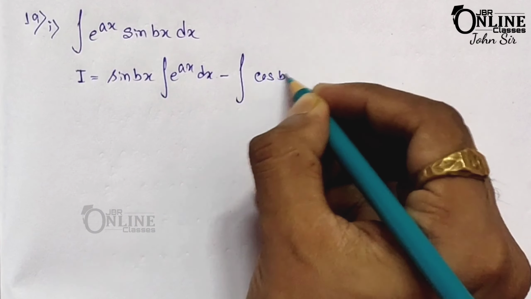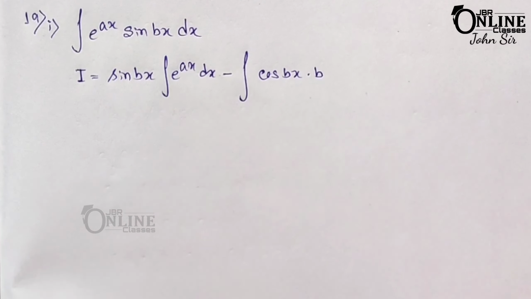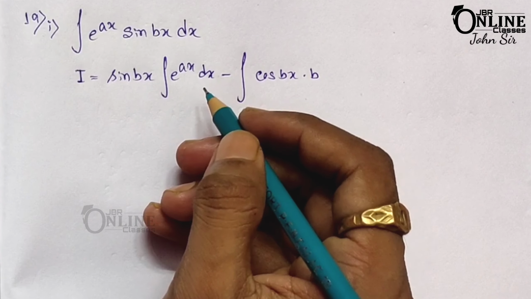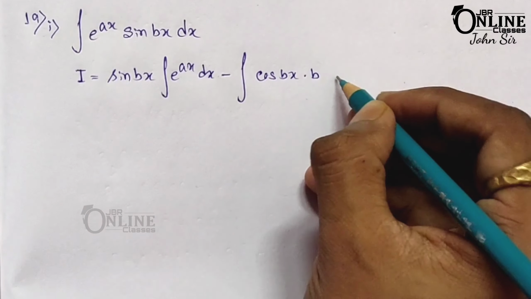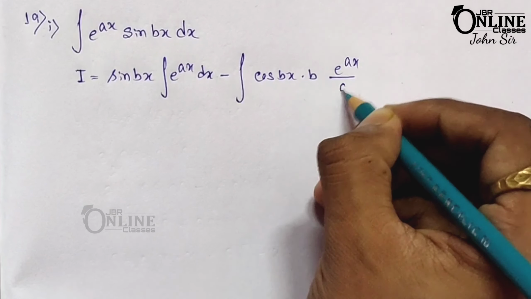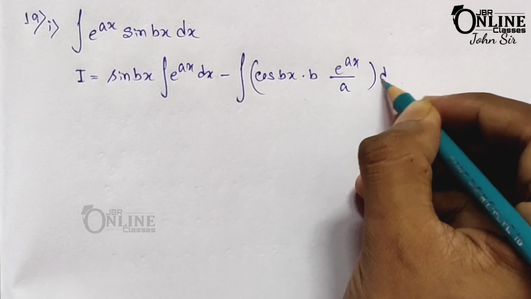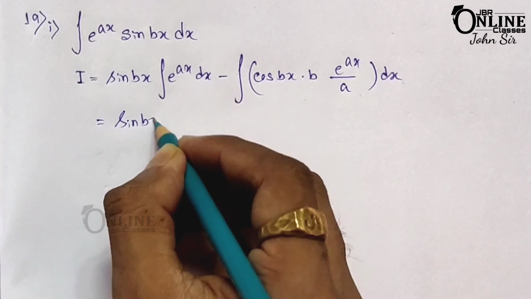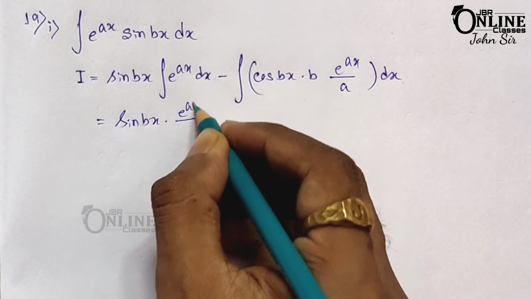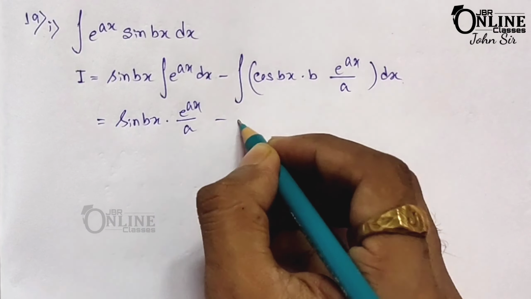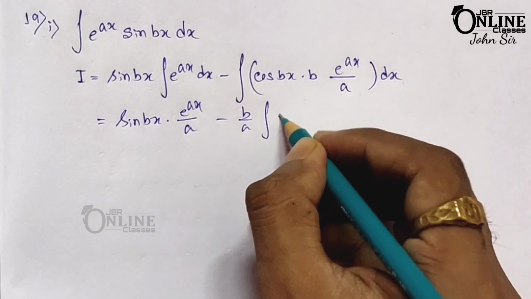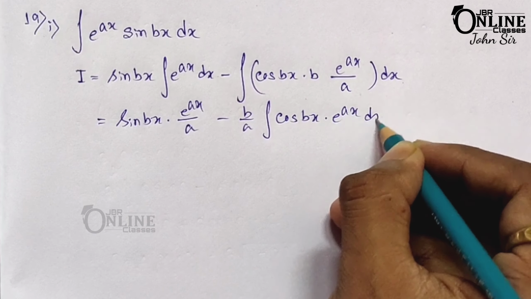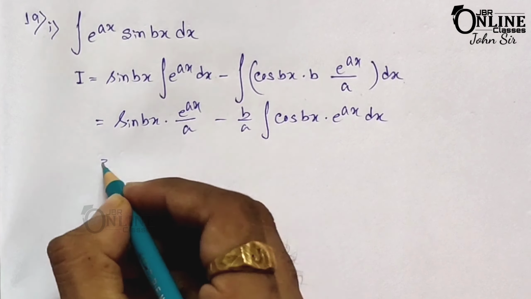So you can write down here cos bx into b, and then integration of e to the power ax will be e to the power ax by a. So here dx. So it will be sin bx into e to the power ax by a minus b by a integration cos bx e to the power ax dx.